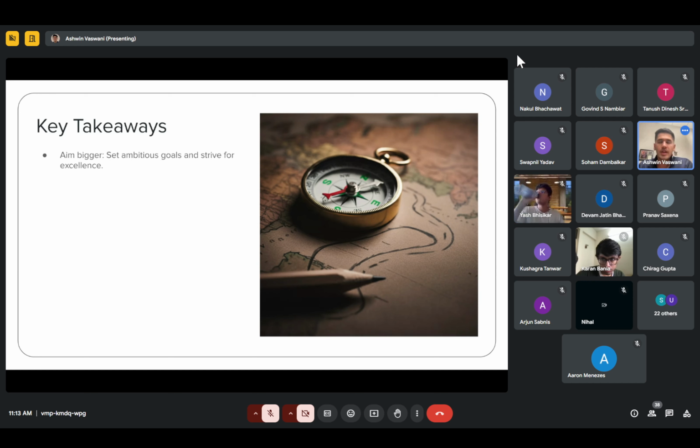One mental model that I like to follow is that if something seems achievable in your mind, then maybe you're not thinking high enough. If at some point you're thinking that, okay, maybe in, I don't know, 3 months I can get to this level, then maybe you're not setting ambitious enough goals for yourself.